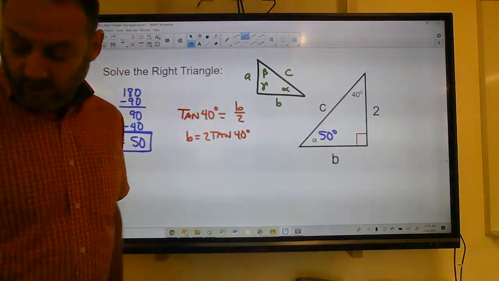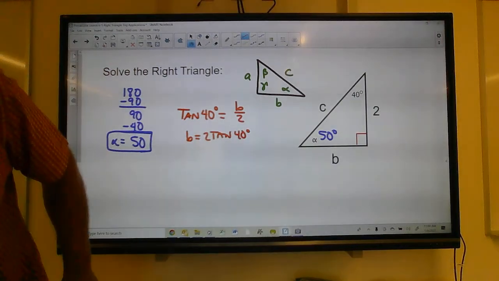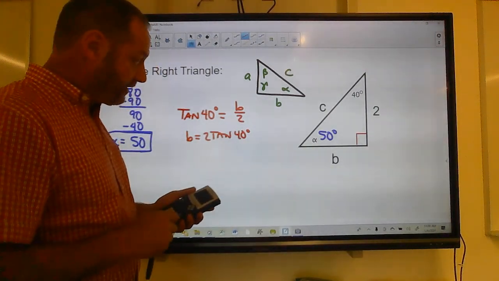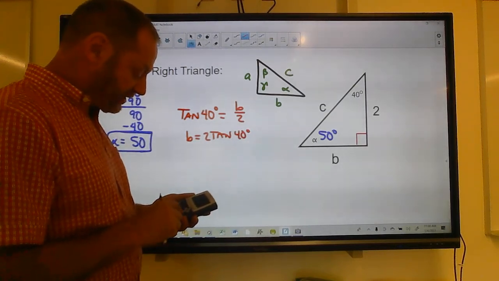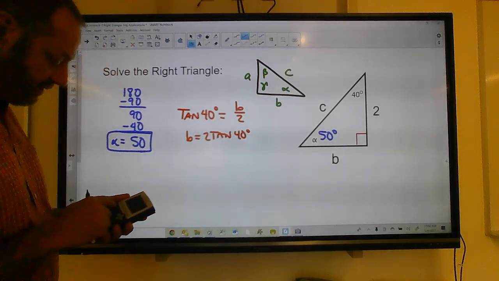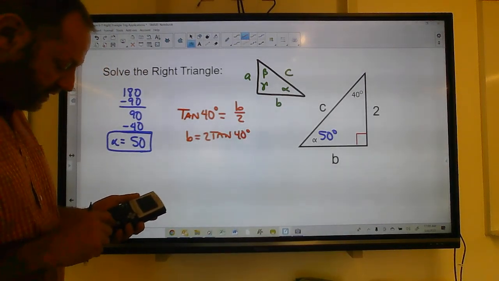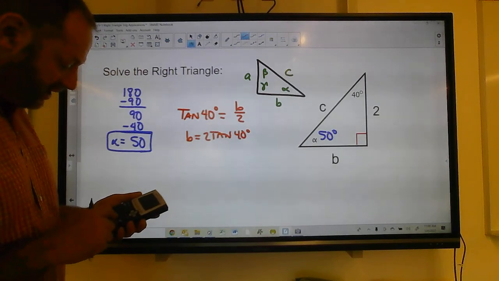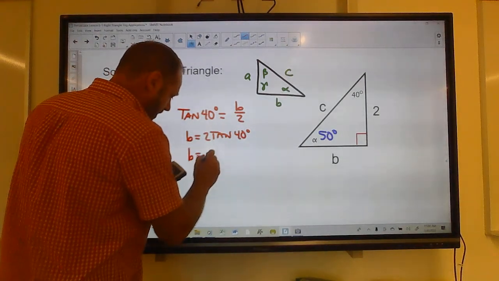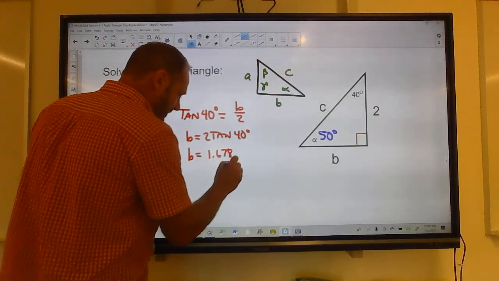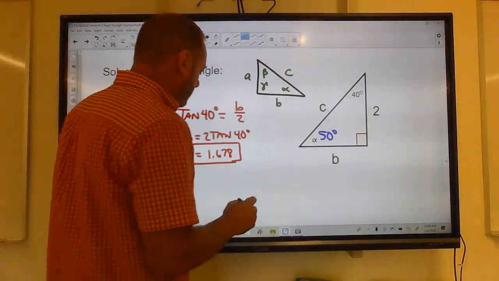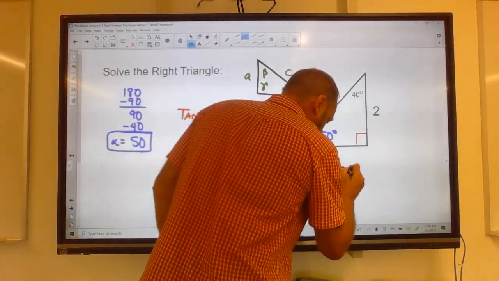Now be sure that your calculator is set in degrees if your angles are in degrees, okay? If they're in radians, then you need to make sure it's set in radians. If you don't have the right one, you're going to get them wrong. Okay, so mine's already in degrees today, so it's 2 times tangent 40, close the parentheses, and I get B is 1.678. Okay? So I'm going to label this 1.678.